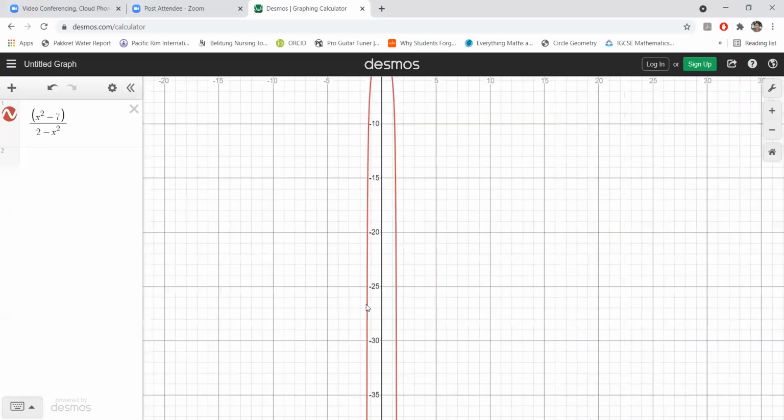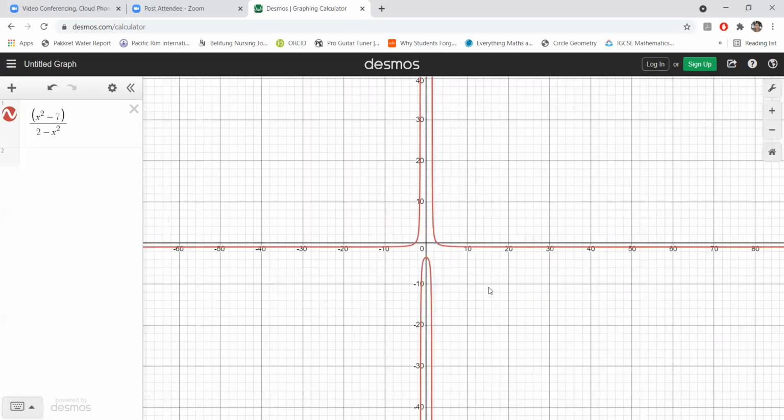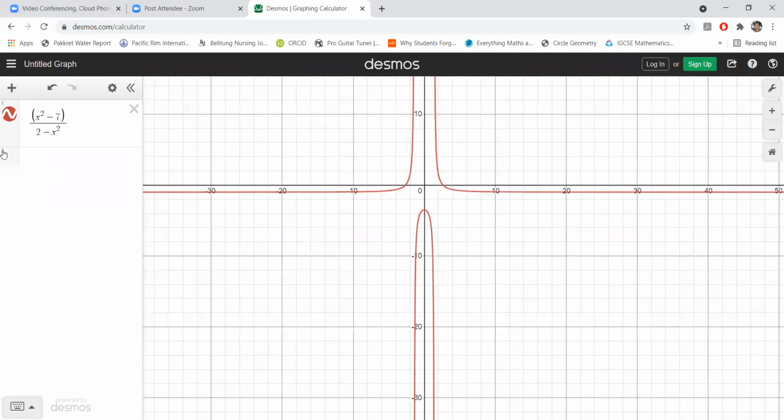Look at that graph. I'll zoom out. So your graph looks like that. So we're here, we're below the axis, from minus root 7 and plus root 7, and also here. So I'm going to write in asymptotes. x equals root 2, so 2 to the half power.